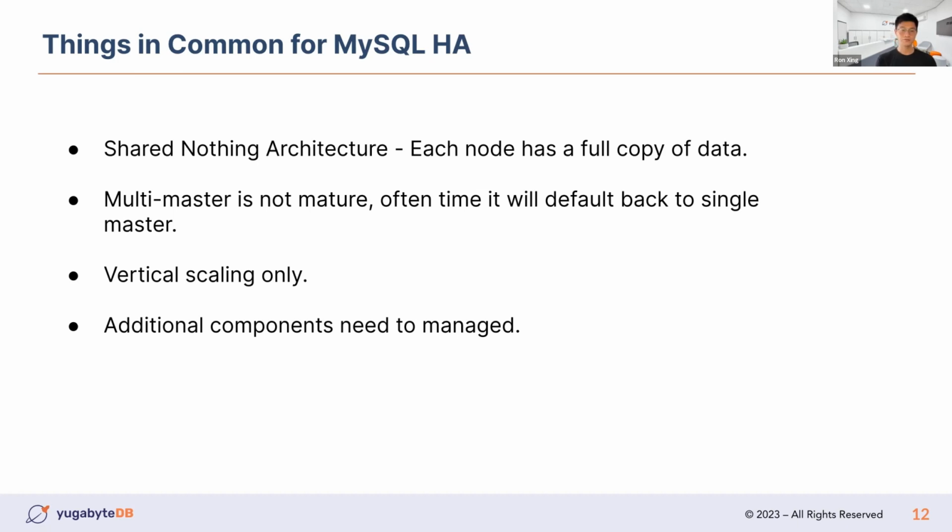From the scalability perspective, it only supports vertical scaling, so you cannot do horizontal scaling. And from the management or operations perspective, there are additional components that you need to manage, for example, the MySQL Router, MySQL Shell, or things like that, right?